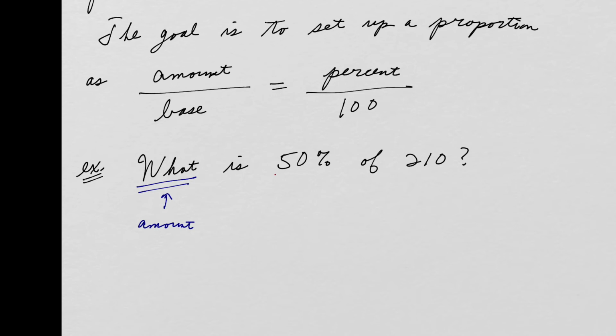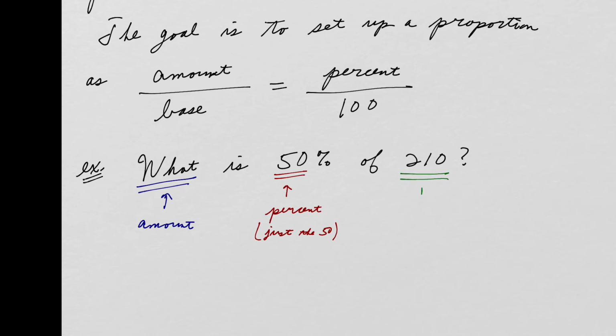Obviously, the 50 is the percent, and it's just the 50. You don't need the percent symbol, so this is the percent. And then the base is the 210 here.